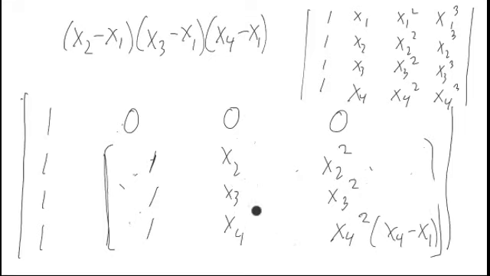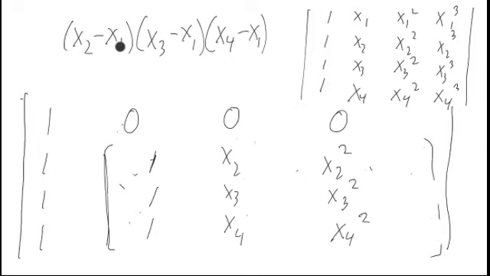And look, we can apply what we've done inductively. What did we get out before? What we got out was x2, x3, and x4 all minus x1.